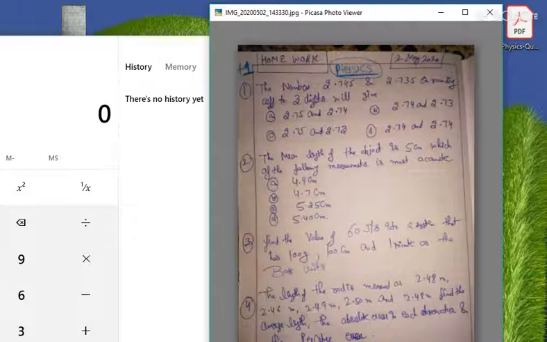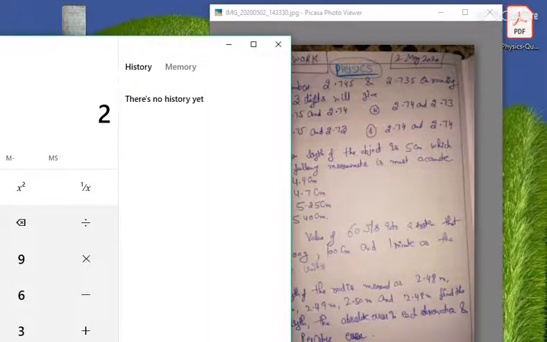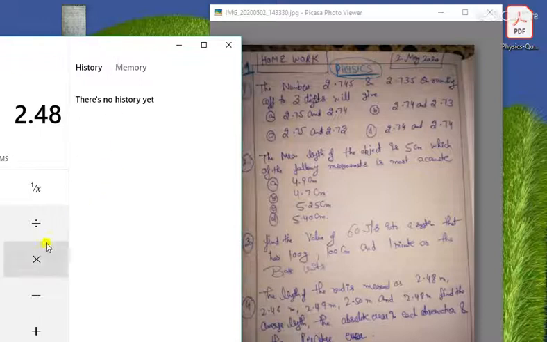So its value is 2.48 plus 2.46 plus 2.49 plus 2.50 plus 2.48.